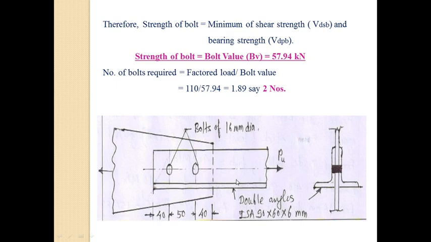This is a double angle, that is ISA 90 by 60 by 6 mm. Factored load 110 acts like this on both sides, and bolts of 16 mm diameter are used. So this is all about today's lecture. Hope you understand all of today's numerical problems. So thank you.